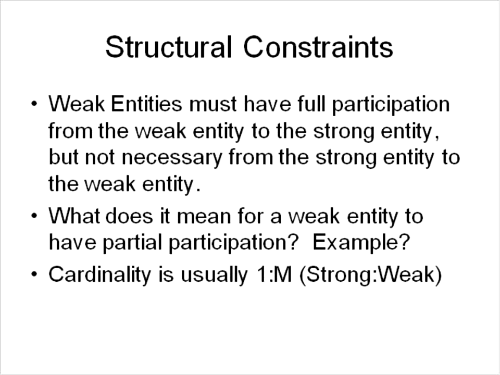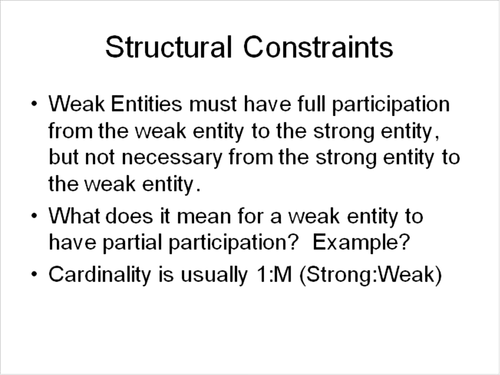Now, talking about the structural constraints on the weak entities, let's go back to page 175 of the book. Weak entities must have full participation from the weak entity to the strong entity, but not necessarily from the strong entity to the weak entity.